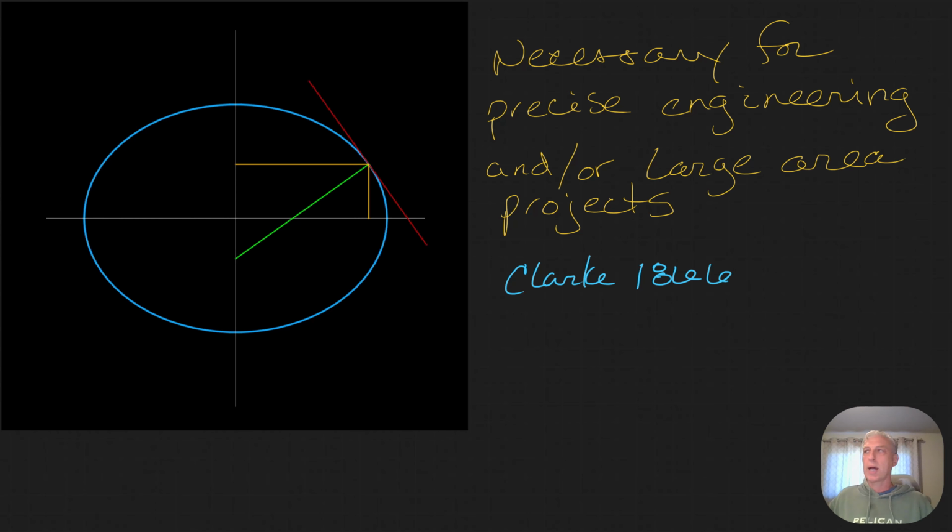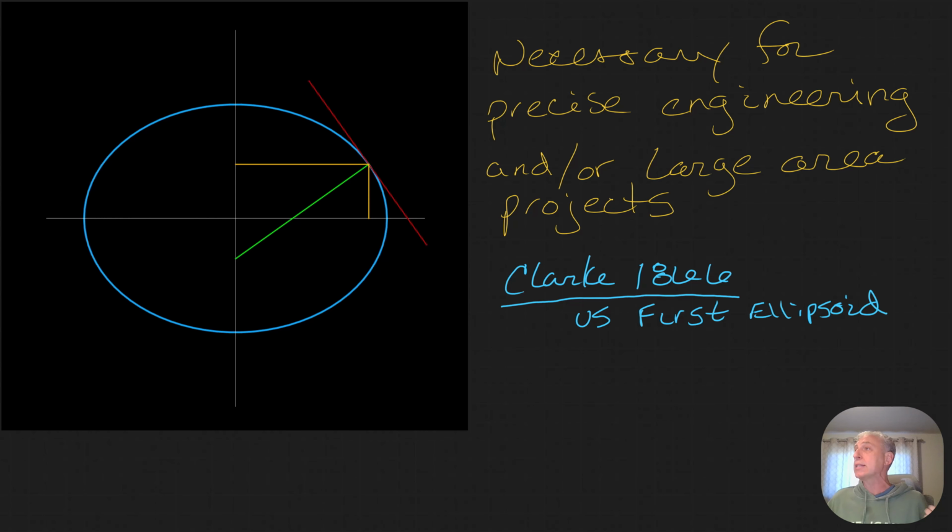That's the one that's based at Meade's Ranch, and that was used in the United States. So this was the U.S. first ellipsoid. And that's the ellipsoid that was used for all of the early GLO projects. When they were figuring convergence, they were figuring it based on the Clark 1866 ellipsoid.